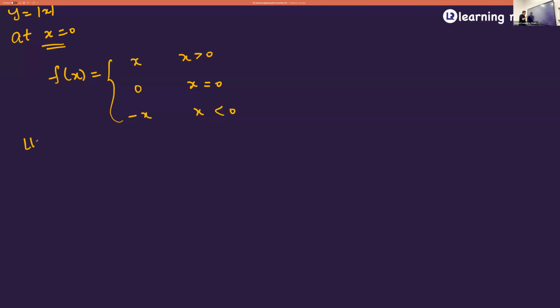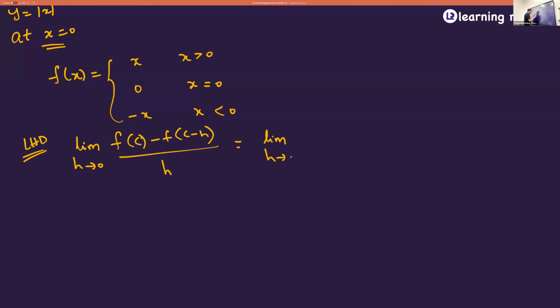So when I take the left-hand derivative, what will I get? Limit h tends to 0, f of c minus h the whole divided by h. Okay. So this will be equal to limit h tends to 0.